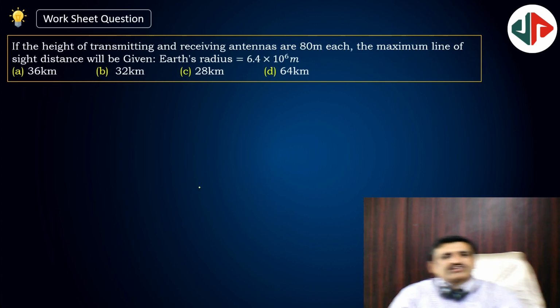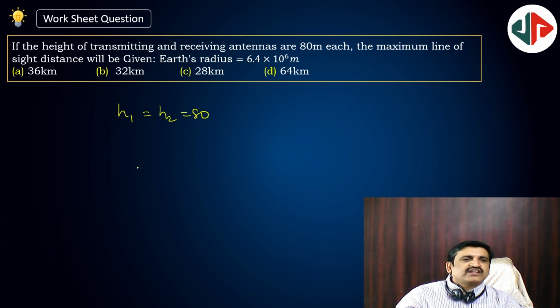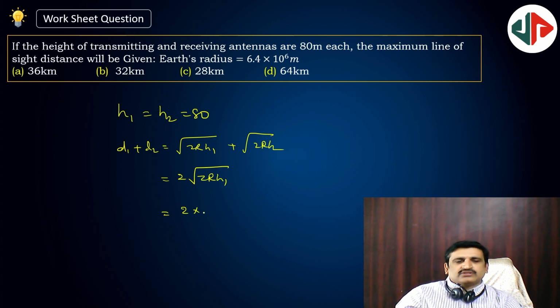The heights of the transmitting and receiving antennas are 80 each, h1 equal to h2 equal to 80. The maximum line of sight distance: d1 plus d2 is equal to root over 2R h1 plus root over 2R h2, which is 2 times root over 2R h1. That is 2 into root over 2 into 6400 kilometers, 10 to the power 3, into 80.